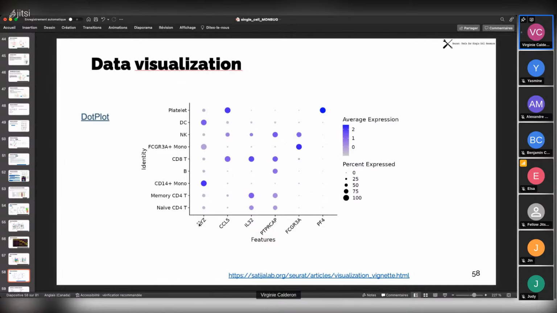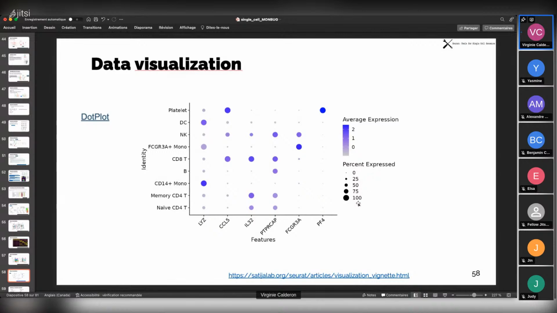The next presentation is a dot plot, really easy. But I like it because in this way you can also look at the percentage of expression. As I said, it's important to have a marker that is expressed in all the cells, not highly, but expressed in most of the cells of the cluster.